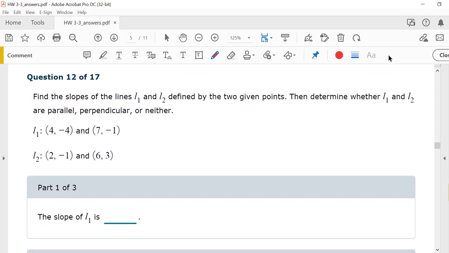Number 12. Find the slopes of lines L1 and L2 defined by the given points. Then determine if the lines are parallel, perpendicular, or neither.